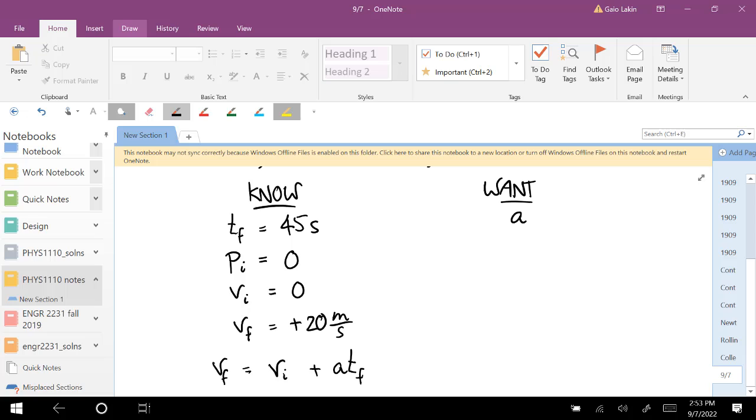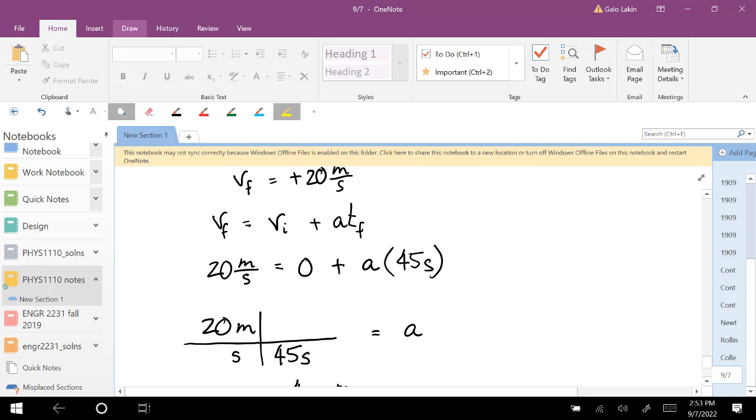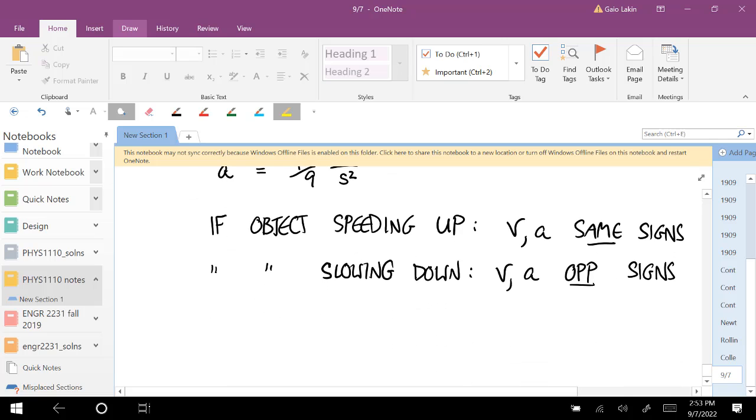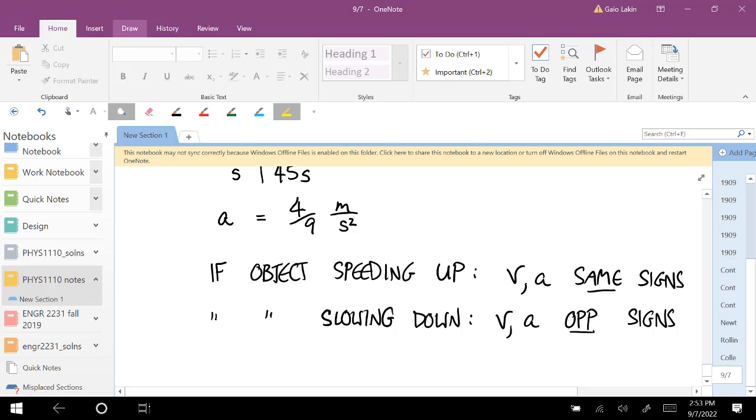If we had chosen our positive direction the other way, and our velocity would have been negative, we would have gone through all this calculation and gotten the acceleration of negative 4/9 meters per second squared, which physically would have meant the same thing. The acceleration was still in the same direction as the velocity, and so it was speeding up. Any questions about that first part?